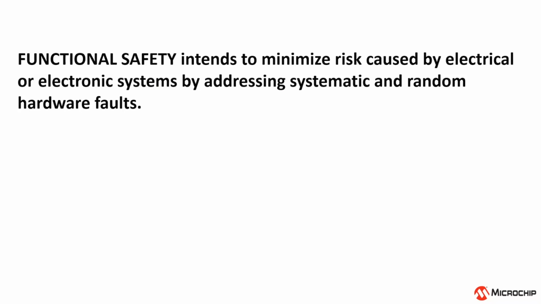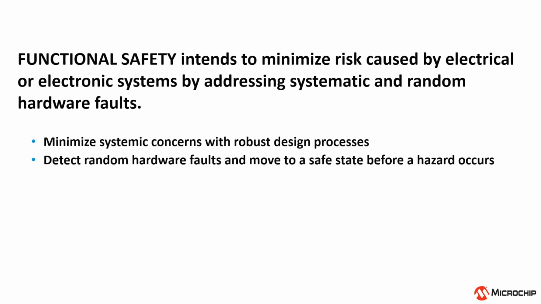So how do we do that? Well, we can minimize any systematic concerns by using robust design processes. When we're developing our architectures, our hardware, and our software, we use design processes that help us avoid any sort of safety concerns.